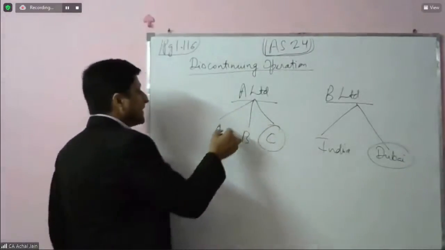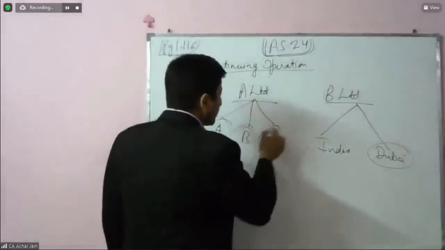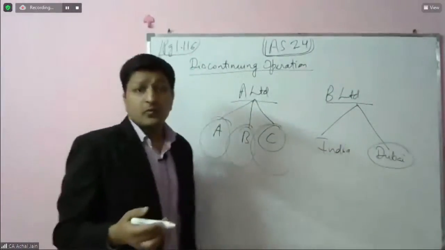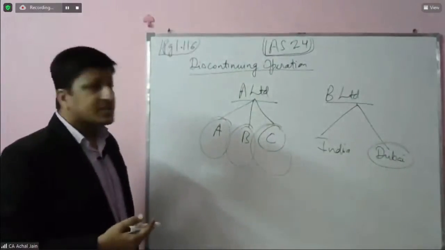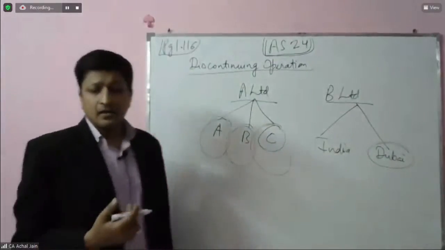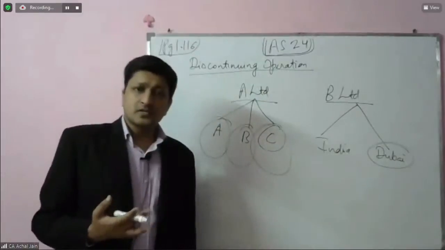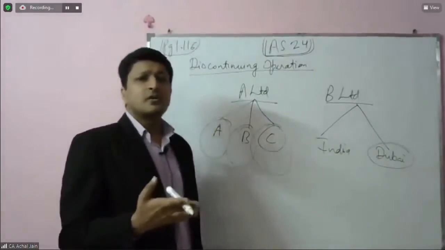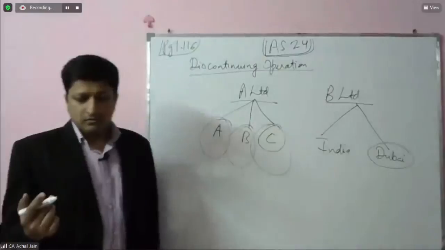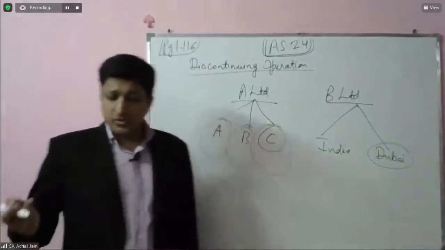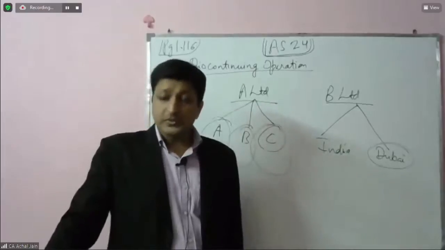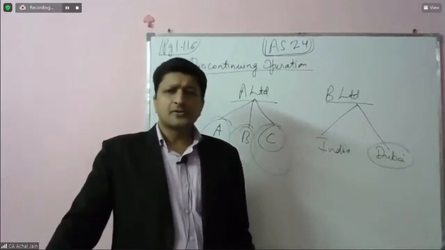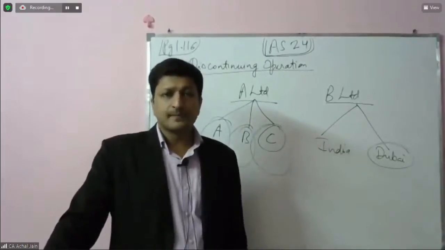Means there should be separate books for that, similar to what you see in case of a branch. A branch is nothing but a line of business which is also having its own records. So it can be distinguished, at least from a financial reporting perspective, and operationally also you can always do this.